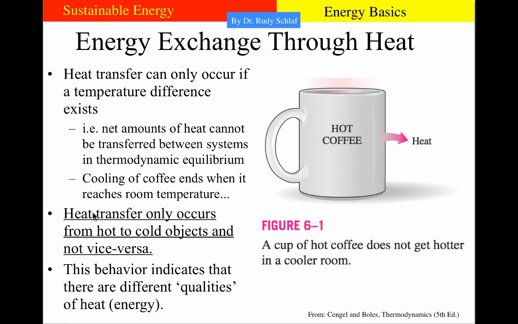What we also see here is that heat transfer apparently only occurs from the hot object towards the colder object. So only if there is a temperature differential that goes downwards, then energy can be transferred from one body to another. We can only transfer heat from a hotter to a colder body. From this behavior, you see already that there are different qualities of energy.